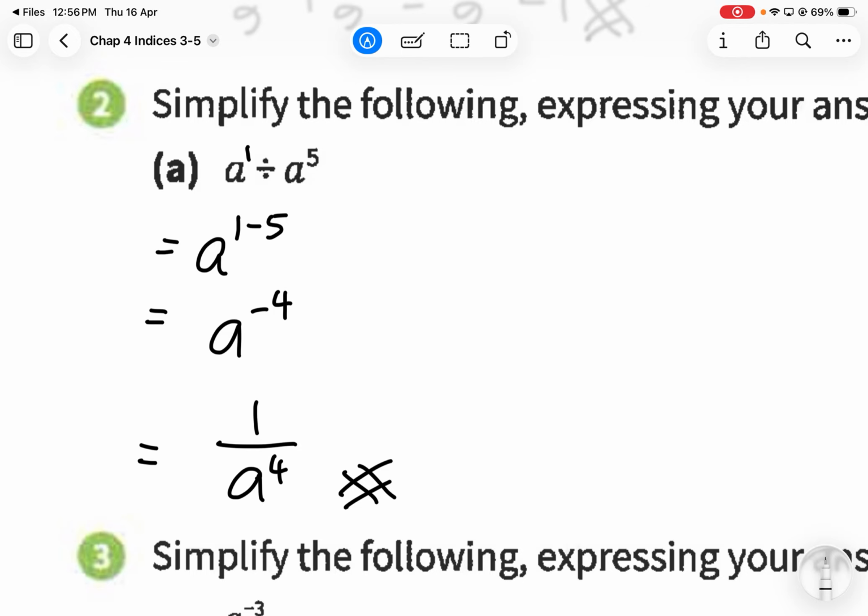Okay, try part B. You should be able to do, think a bit. Go and use the law for what to do with the index.